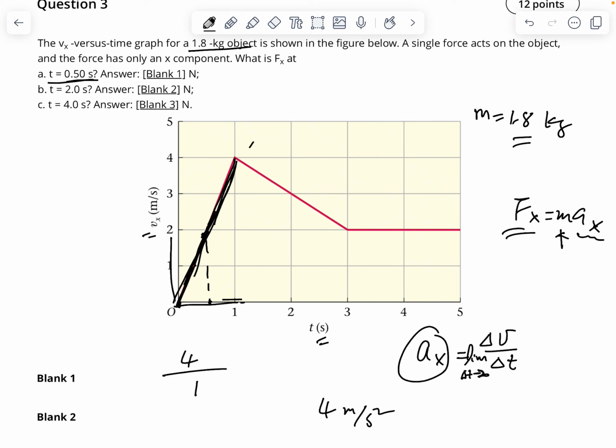So what's the force? Mass times 4, that is the force. Same idea at 2.0 seconds. What's the slope, what's the acceleration?